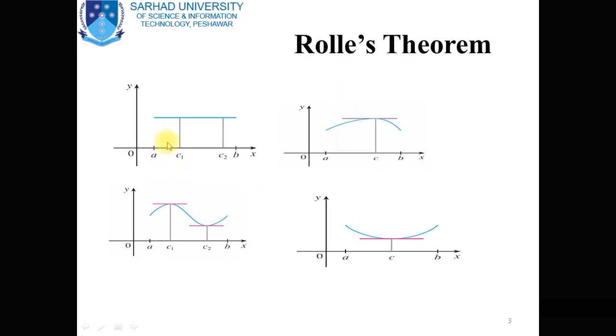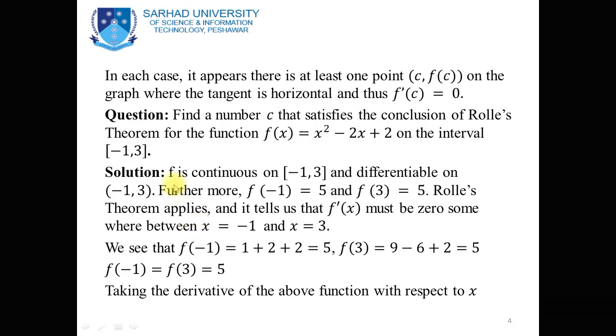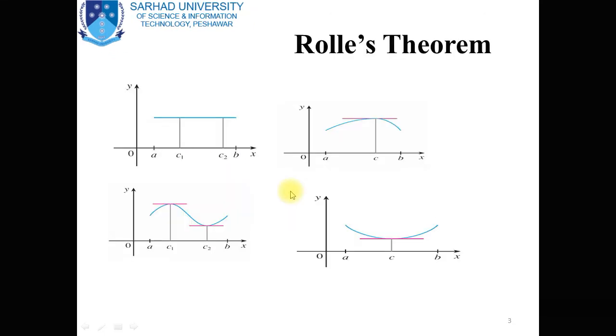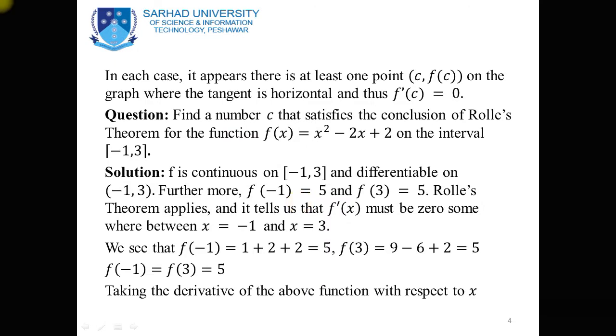This is a tangent that is horizontal, this is another horizontal tangent, and in this graph the tangent is also horizontal. So in all these cases there is at least one point (c, f(c)) on the graph where the tangent is horizontal, and the derivative of the function at x equal to c is equal to 0.